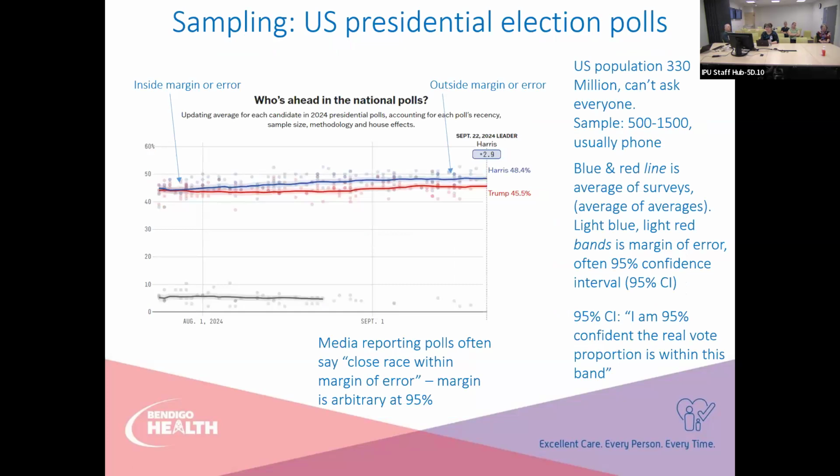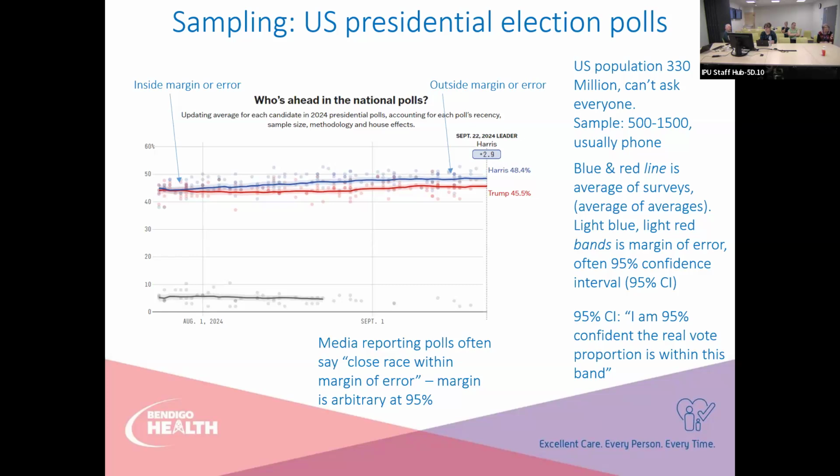The same website tracks the two main candidates. And what they've got there, which is really interesting, is a solid line inside the blue bit and a solid line inside the red bit. In the blue bit, there is a light blue zone around the middle line, which is the zone of uncertainty. And the same with the red. Those two zones are the 95% confidence intervals.